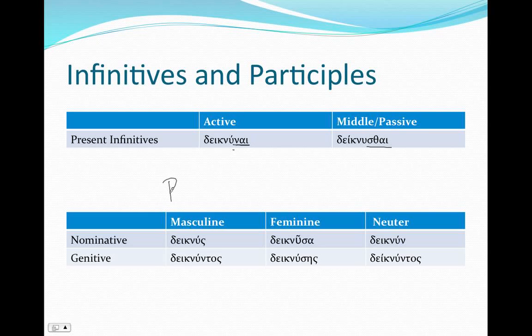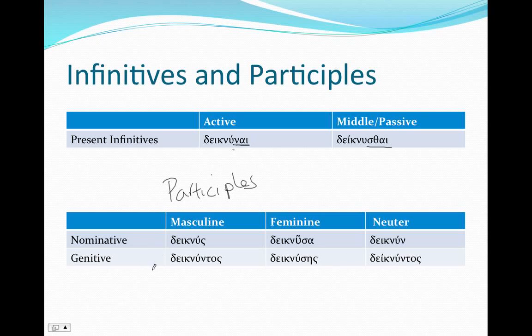And then for the participles, here we have δεικνύς, δεικνῦσα, δεικνύν, instead of on, usa, on. So δεικνύς, δεικνῦσα, δεικνύν. And then the stem is going to be unt. So δεικνύντος, δεικνύσης, δεικνύντος, and I think you can probably decline from that point forward.